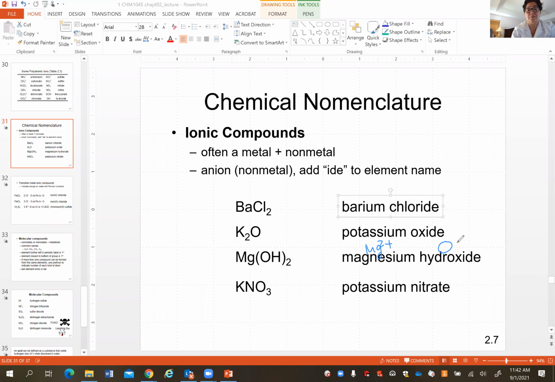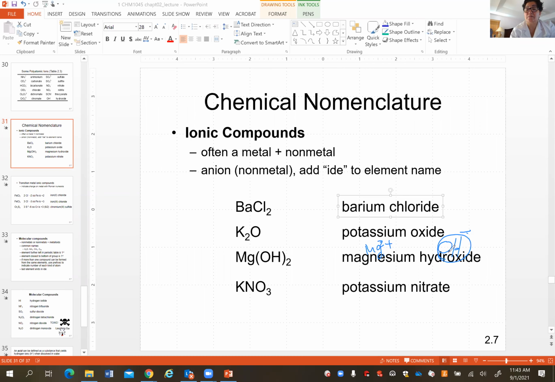We had a table in a previous slide that gave the formula and the charge for polyatomic ions, and you need to memorize it. Hydroxide is always OH with a 1- charge. In the combination, 1 goes for magnesium and 2 goes for hydroxide.